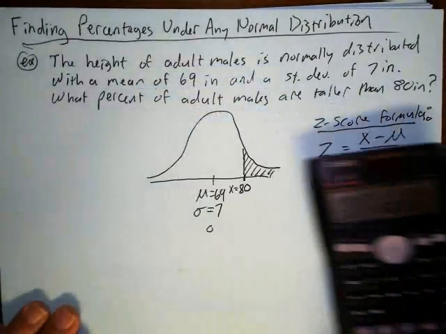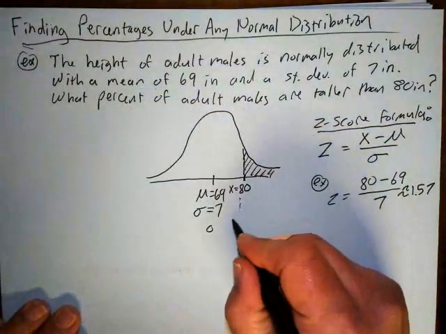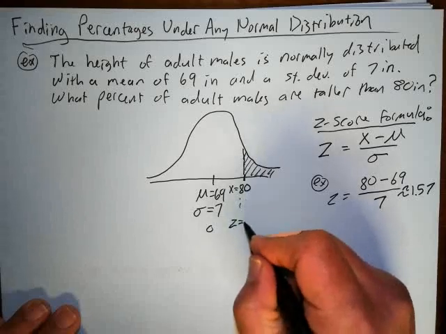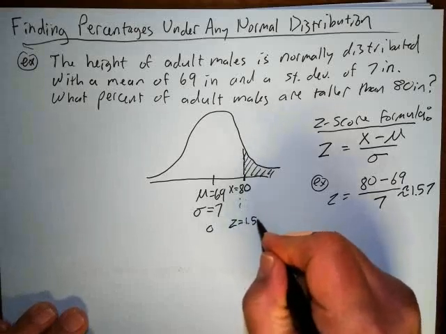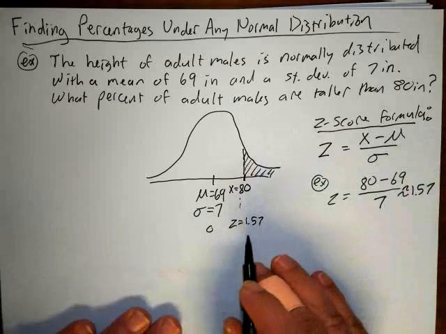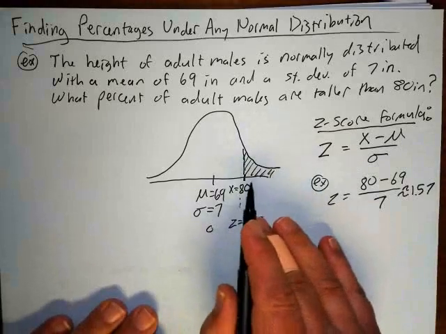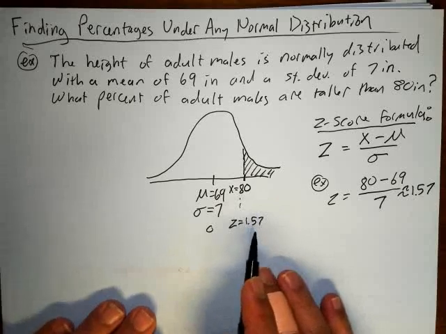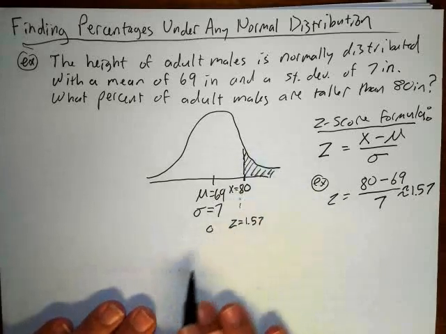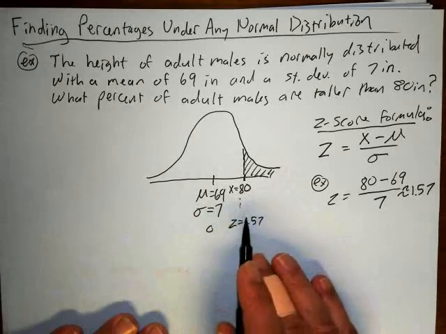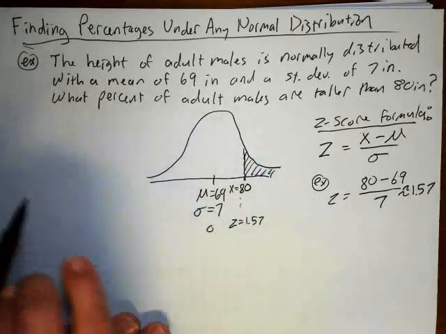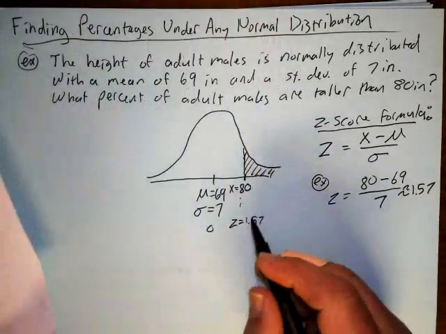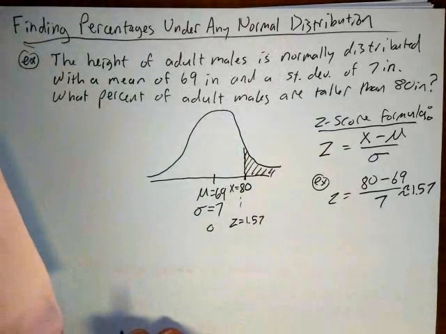That's the z-score for 80 inches, 1.57. The area above the z-score 1.57 is equal to the area above 80 inches. So really what I'm doing is looking up this area on the table, but I have to go through this z-score to do it.